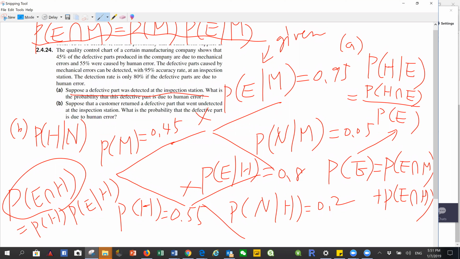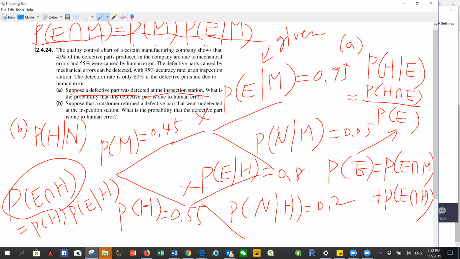So you should be able to answer this part of the question now by doing what? Multiply PM by P(N given M) to get P(M and N). Then multiply PH by P(N given H) to give P(H and N).